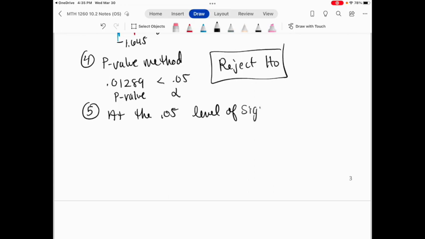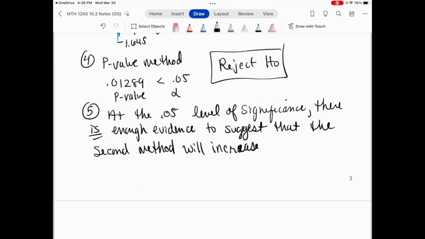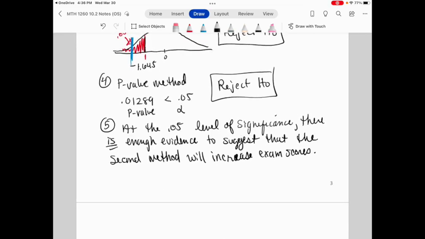We're doing this at the 0.05 level of significance, so I'm going to say at the 0.05 level of significance, there is enough evidence to suggest that the second method will increase exam scores.